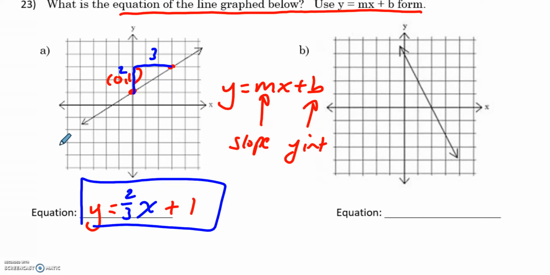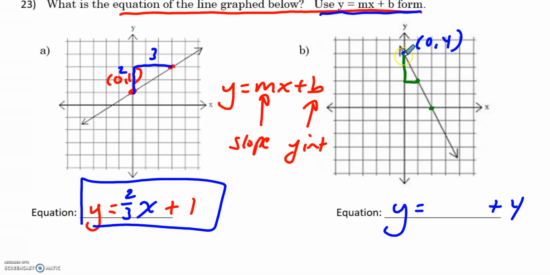The second example, again, if we're trying to find the equation y equals mx plus b form, my y-intercept this time looks like it's up at 0, 4, which means, again, my equation is going to start as y equals something plus 4. My slope this time, if I scan to find another nice point, this looks like a nice point and so does this. So I can draw a little triangle from here to here.